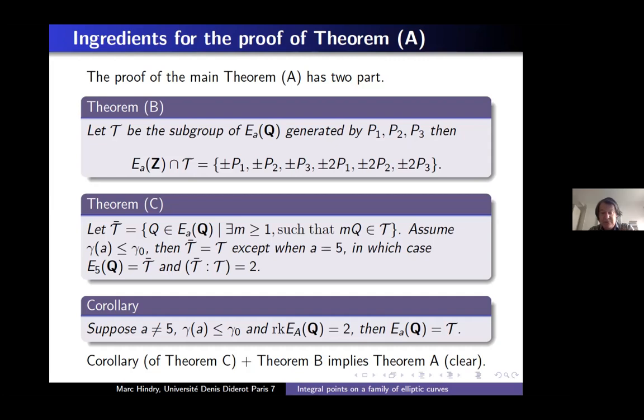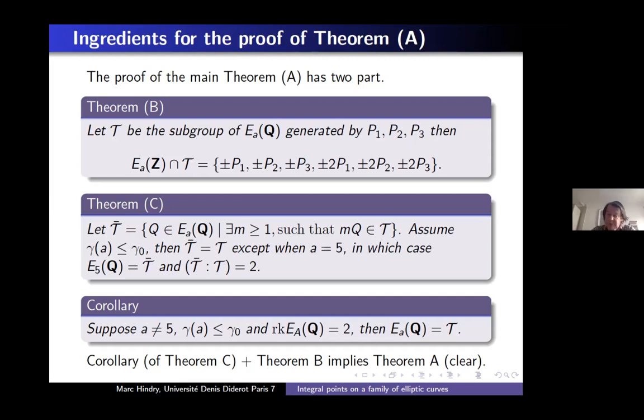I mean, if you have the two conditions that the rank is 2 and gamma is not too large, then the group of rational points is the group generated by the trivial points. That's by theorem C. And by theorem B, we know the integral points in T are exactly the expected ones.